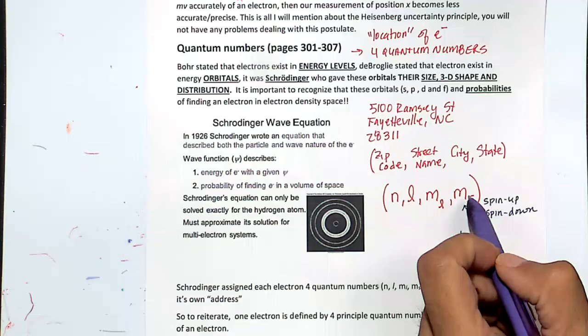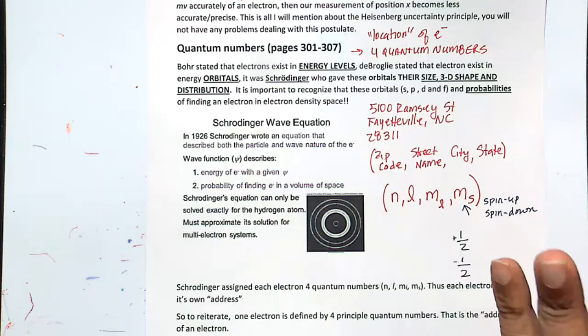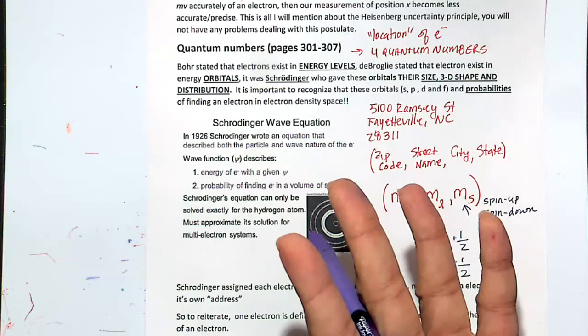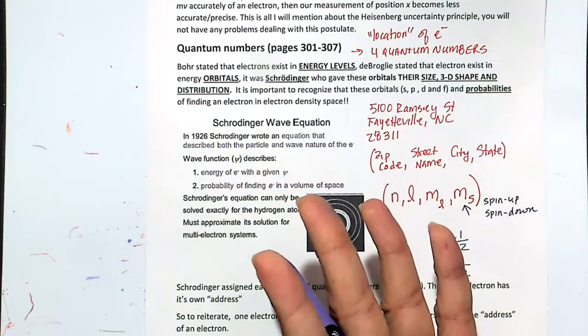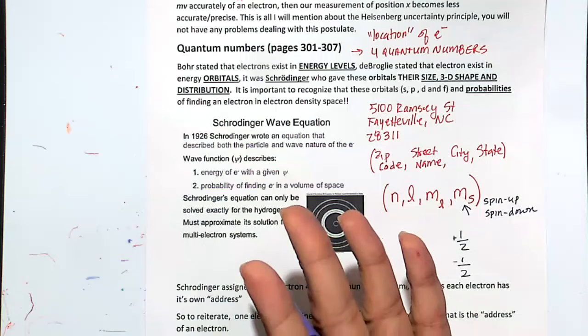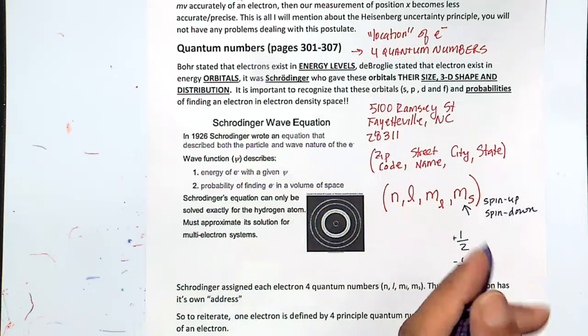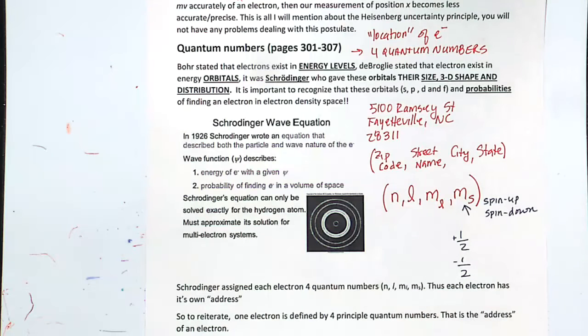The spin has to do with putting the electron in a big magnet. If you put it in a very large magnet, the electron will either orient with the magnet, which we call spin up, plus 1/2, or it will orient against the magnet, which is spin down, minus 1/2.